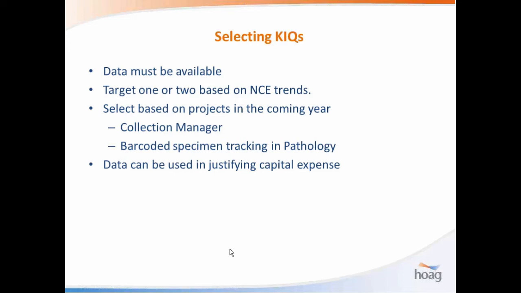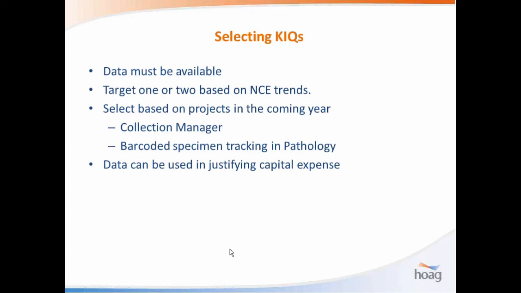For example, we're going to look at mislabeled samples because we're implementing positive patient ID, generating the label off the armband for our nursing draws, and we expect to see improvement. So why not select that as one of your KIQs? Similarly, they're implementing a barcoded specimen tracking system in pathology, so let's look at specimen ID errors in pathology.